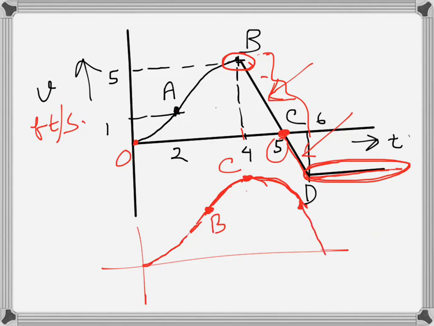So this will go like that from D. This is point D here, and at some point it will cross the origin, so the displacement will be 0, and then it will go in the negative direction because it is continuing in the same direction. There is no information about when it stops, so it will keep going like that. So yeah, that's about it.